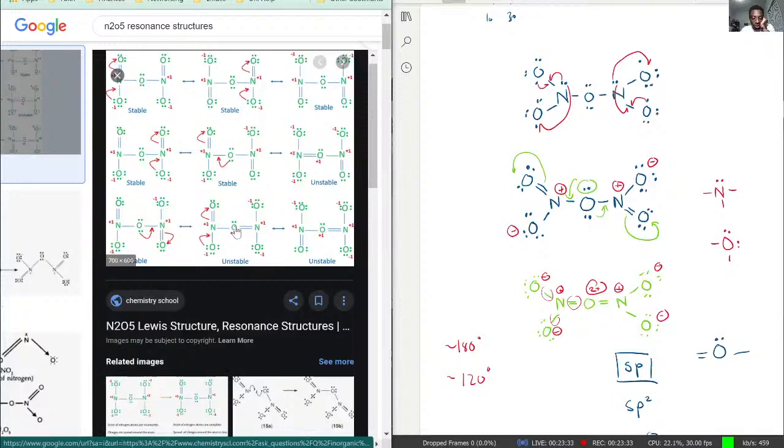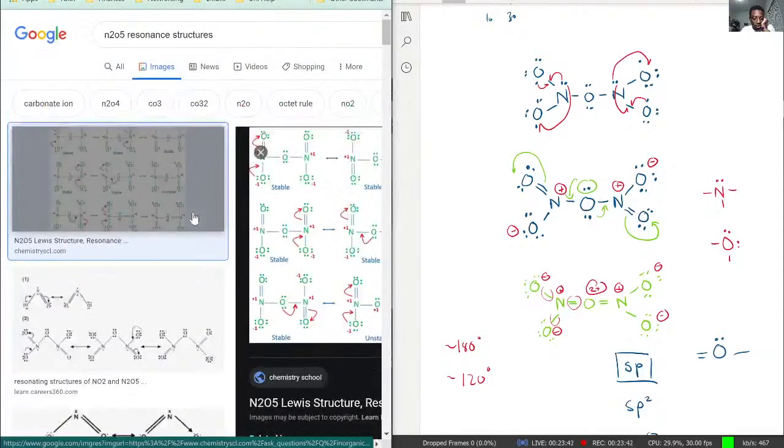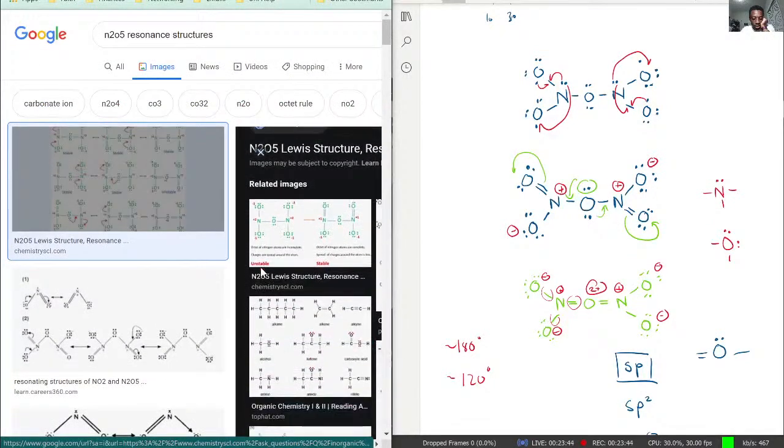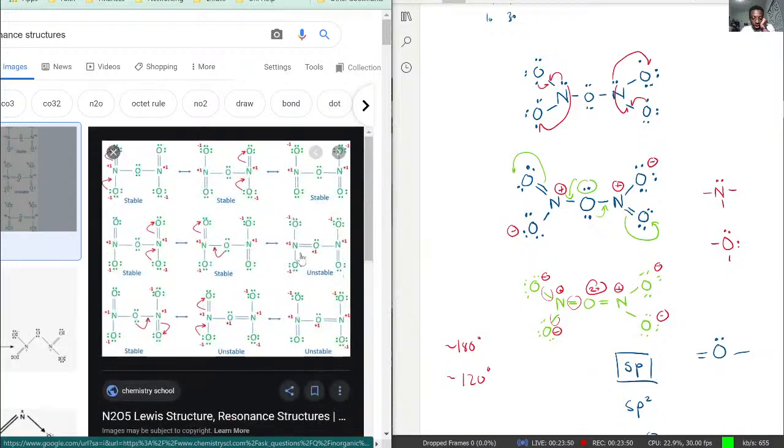If we were to move this out and then move the other, let's see if we can find a picture like that. Does not look like it, but there'll be some that are stable, some that aren't stable.